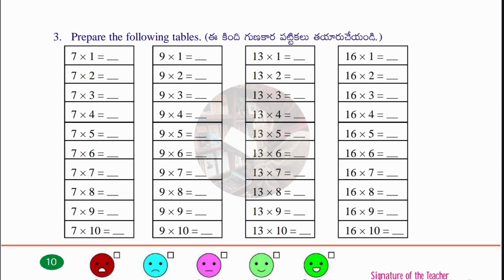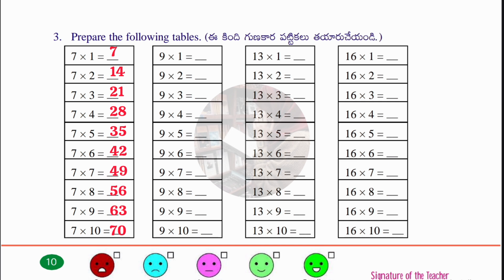Let's move on to the third one, which is prepare the following tables. Here we have been given 4 tables: the table of 7, table of 9, table of 13 and table of 16. You have to write them down. 7 1s 7, 7 2s 14, 7 3s 21, 7 4s 28, 7 5s 35, 7 6s 42, 7 7s 49, 7 8s 56, 7 9s 63, 7 10s 70.